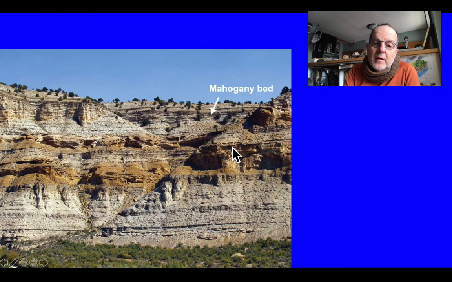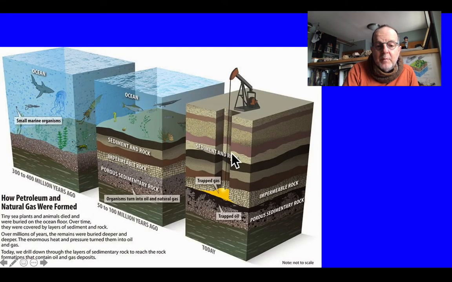This would be layers. You can see these horizontally bedded layers of sedimentary rock, and you can see one of them is a bed that has been identified as having a large concentration of oil shale, and that oil shale can be recovered.